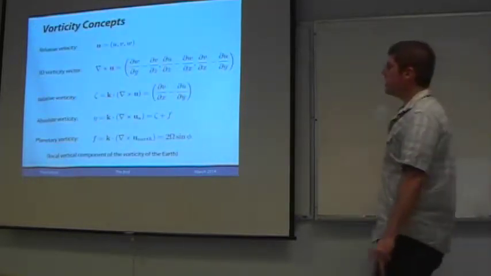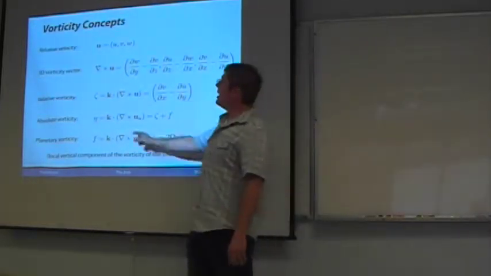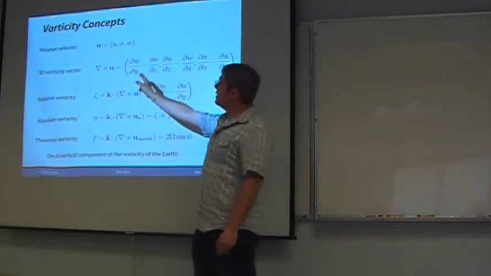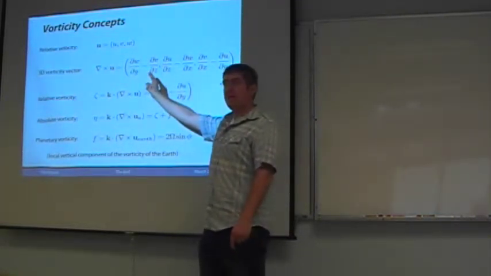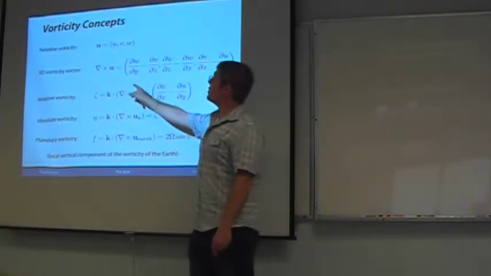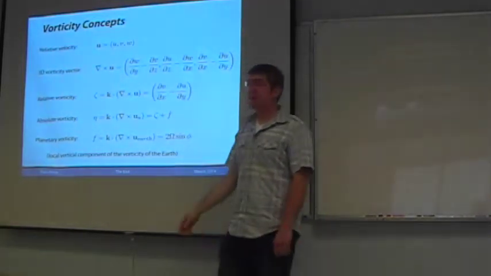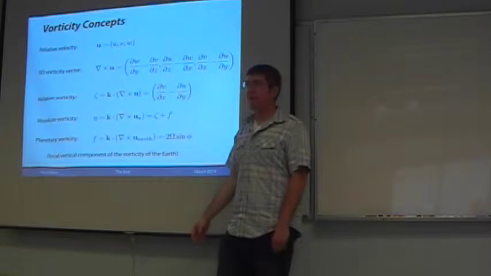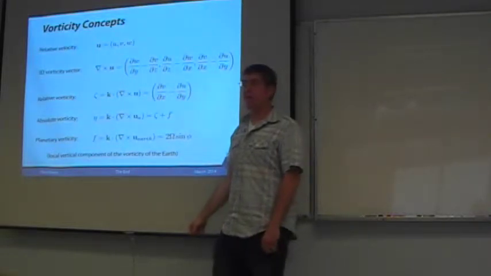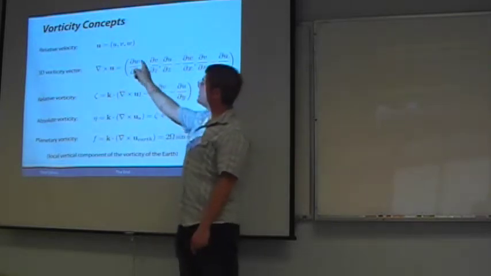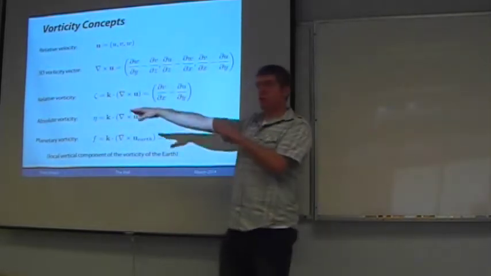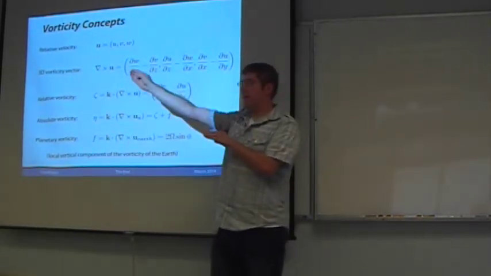So from vorticity, there were a number of concepts which arose. Given a relative velocity field, U, V, W, with zonal velocity U, meridional velocity V, and vertical velocity W, we can derive a 3D vorticity vector by taking the curl of that vector field. Recall, curl of something gives a vector field back. So this corresponds to rotation about a zonal vector, so rotation like this.